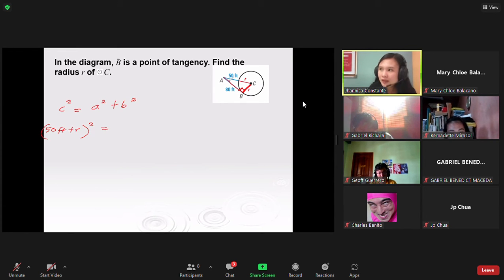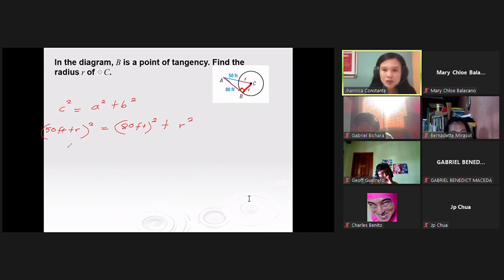One of the legs measures 80 feet, and the other leg of the right triangle is the measurement of the radius. So we're going to find (50 feet plus r) squared.